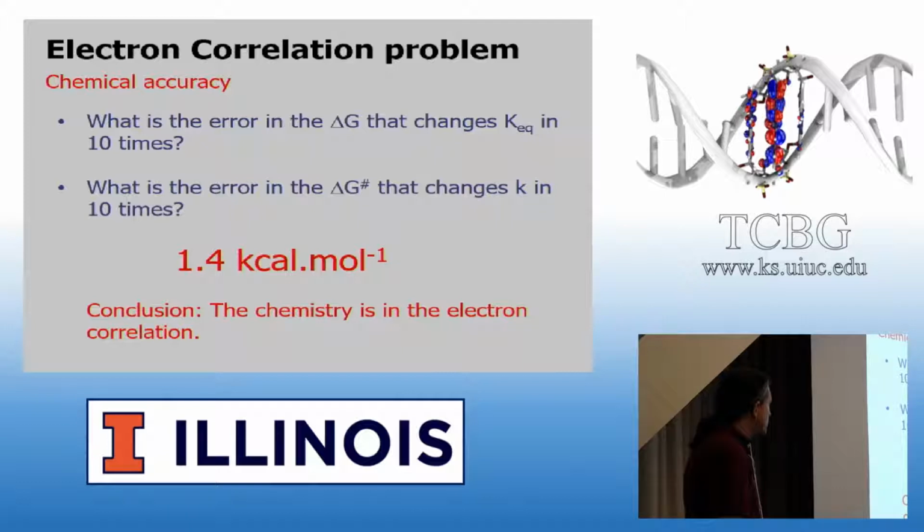The same question can be asked: what's the error in the delta G activation for a chemical reaction that changes the kinetic constant by 10 times? If you do the simple prediction, you can find that the error is 1.4 kcal per mole. The conclusion is the chemistry is in the electron correlation. Okay?